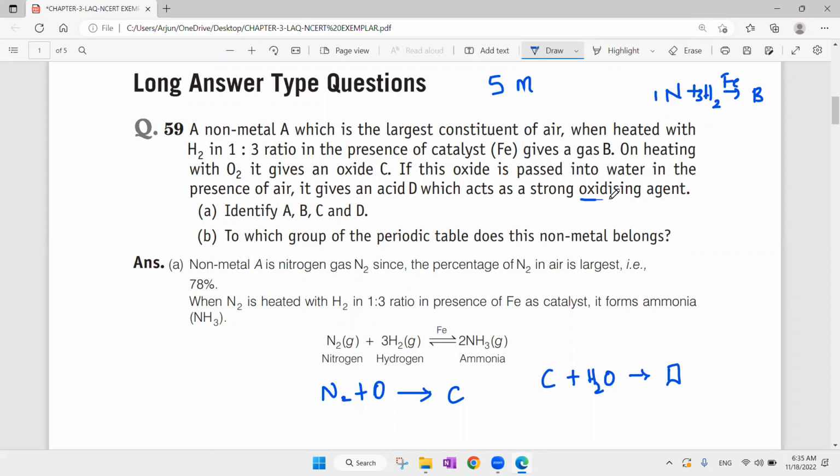So we know there is only one acid which acts as a strong oxidizing agent, that is HNO3. So this D is HNO3, we can identify.